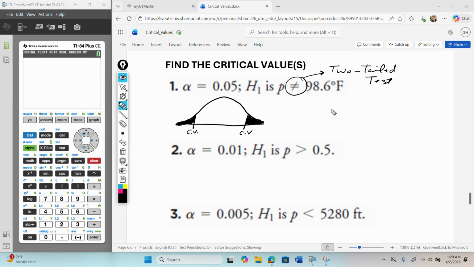Now, alpha is the total rejection region area. And we've been told that alpha is 0.05. Since we have two rejection regions, and since this is symmetric, each of these rejection regions will have area alpha over 2.